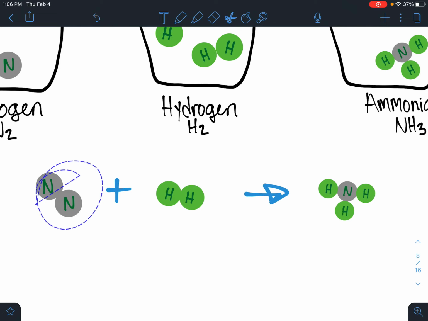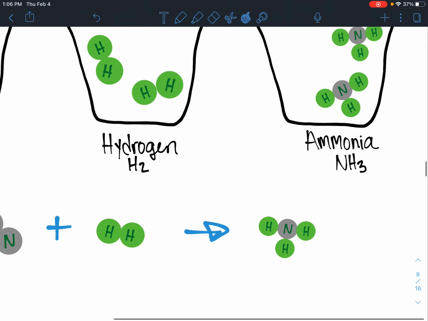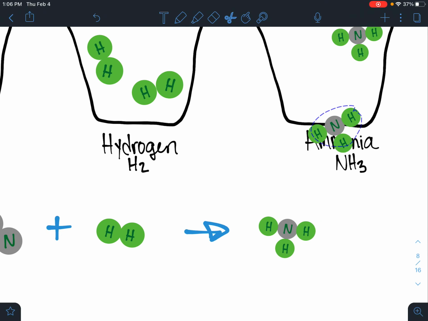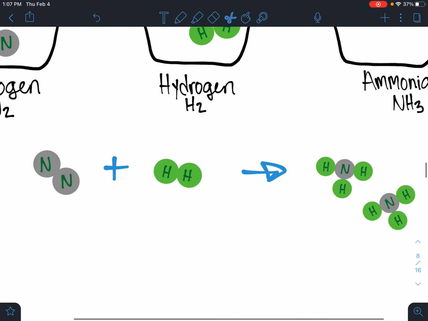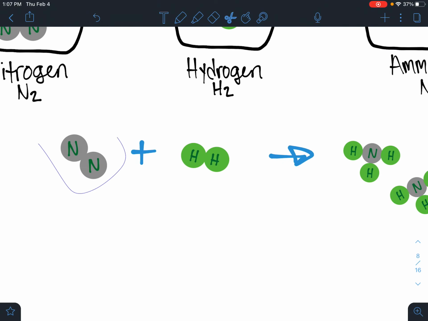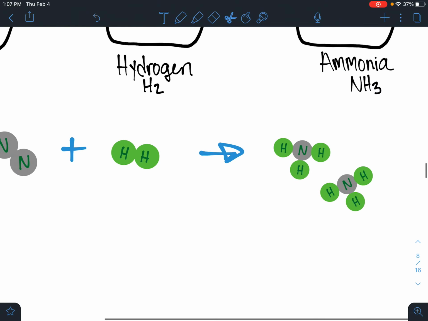There are 2 nitrogens on the left, but only 1 on the right. So what we would have to do is grab another product, NH3. Now we have 2 nitrogens on the left and also 1 and 2 nitrogens on the right. So that's balanced.